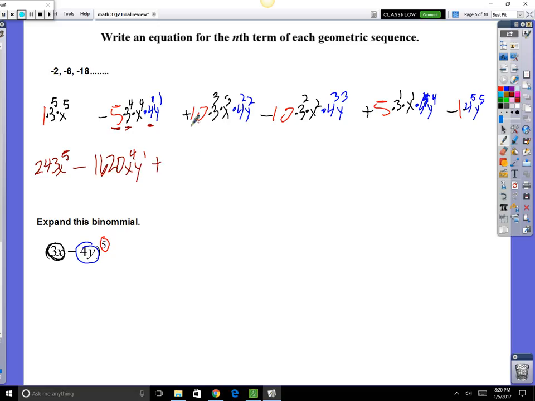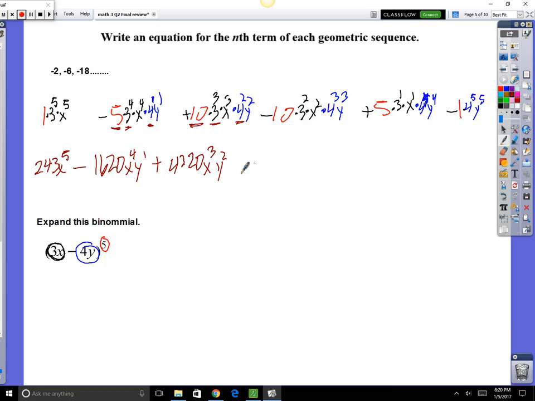Okay. Now do your numbers. 10 times 3 cubed times 4 squared. 10 times 3 cubed times 4 squared should give you 4,320. Then your letters, you've got x cubed y squared.